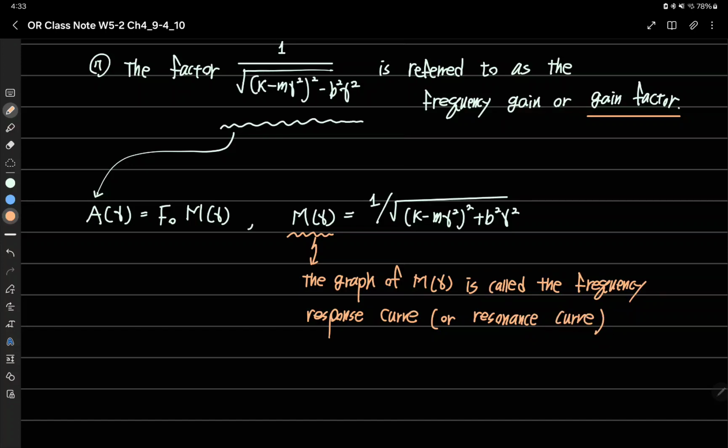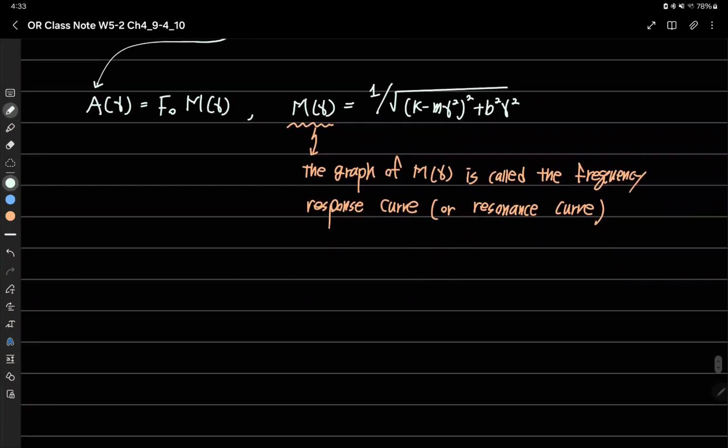So let me describe what the graph of M of gamma looks like. Okay, let's investigate.